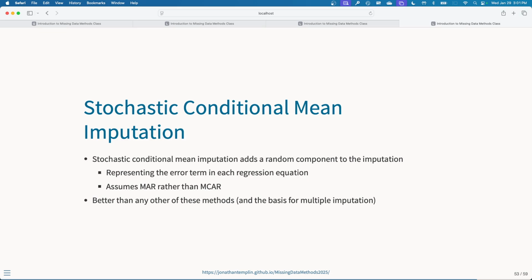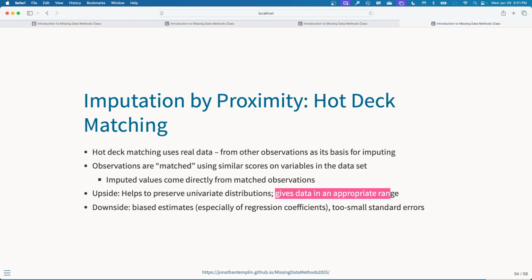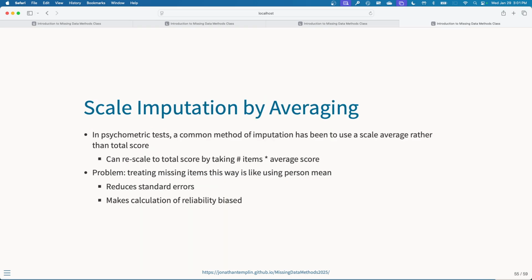We'd like that not to be the case, but it could be. Hot deck matching removes that problem, so that's a good thing. But yes, you're going to get bias and too small standard errors, so don't ever do that. Bad, right? Because you substitute the idea that there's a distribution of my missing data for saying, no, I know what it is. It's someone else's data. Treat me like I'm somebody else, right? Which we know that's probably not going to go very well.